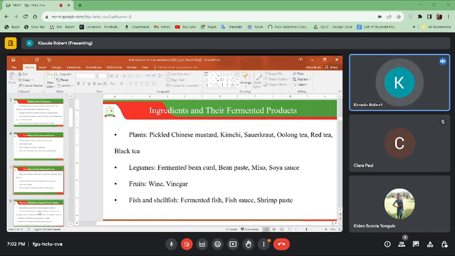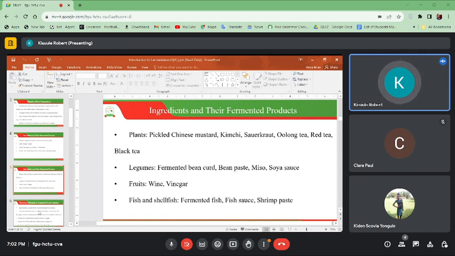For fruits, maybe all fruits could give you wine: the pineapple wine, mango wine, maybe orange wine, the grape wine, etc. I'm not a good fan of wines, that to say. For fish and shellfish, we look at fermented fish, fish sauce, and also the shrimp paste.